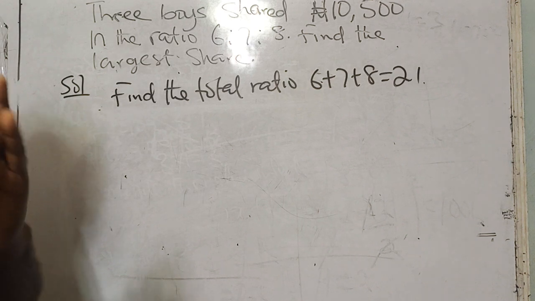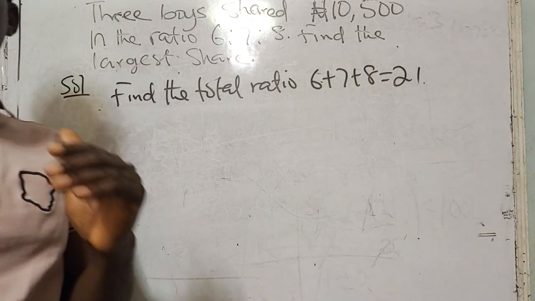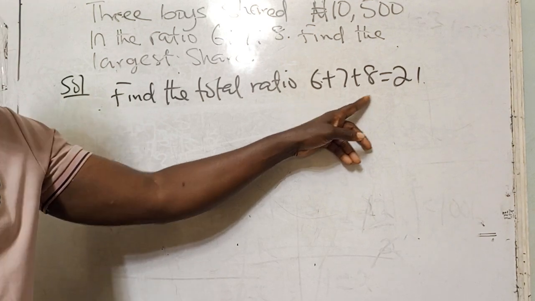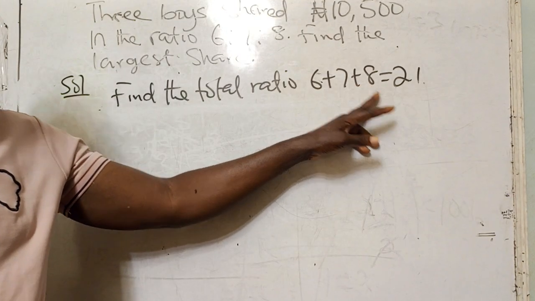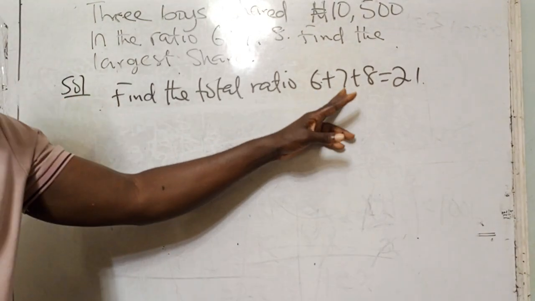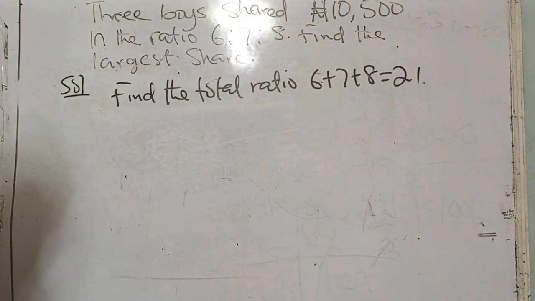Whatever you have as your answer for one part, if you multiply it by 6, 7, and 8, you discover that when you use 8 to multiply, the value will be larger than with 7 and 6. So in that case, we are able to get the largest share among the three boys.